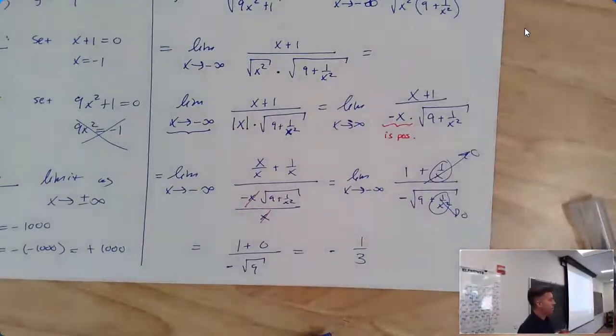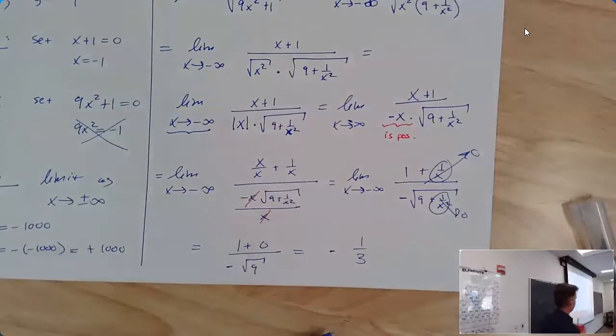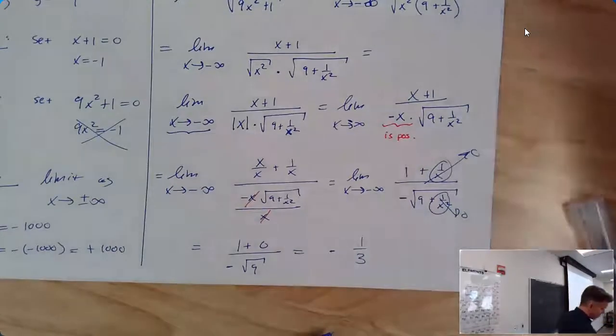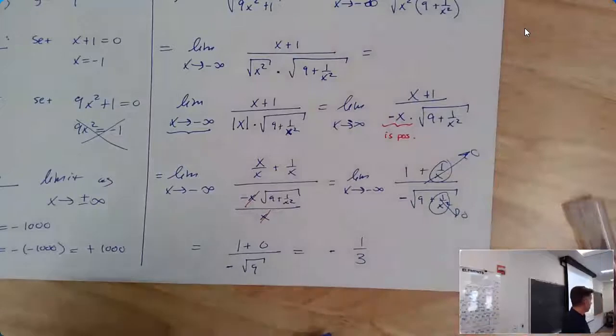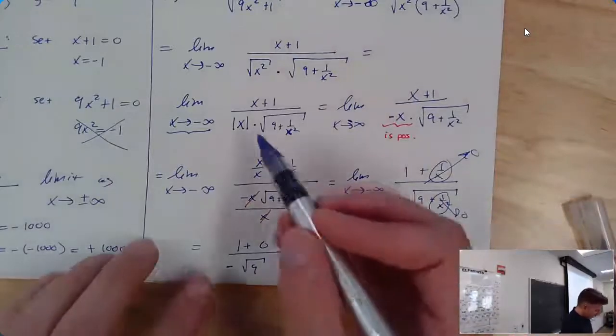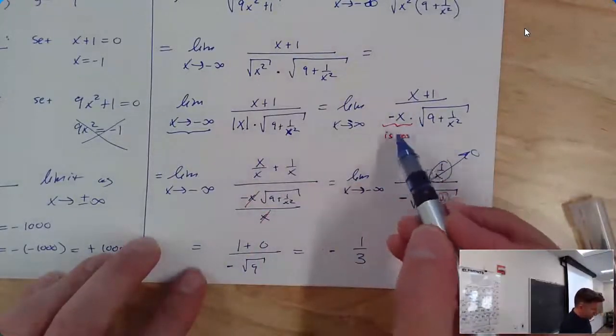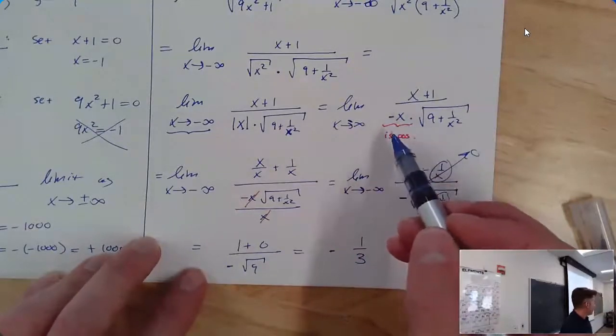So let me ask you all, if instead I was going to take the limit as x goes to positive infinity, what would you guess the answer might end up being? Sorry, I'm very deaf. Say it loudly. Positive 1/3. And the only difference between what we've done here and what we would do there is from this step to this step, we wouldn't have a negative x, we'd have a positive x because x is now a positive thing.